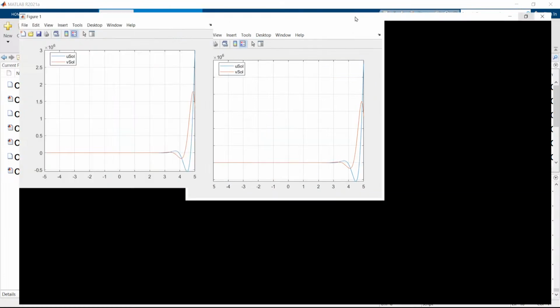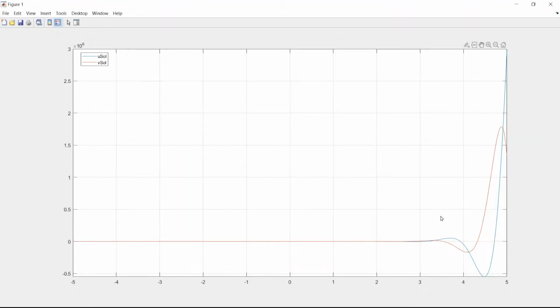So here you can see both the graphs are in the same image, and here you can see the grid and the legend. A blue line is used for the u solution, and the red curve represents the solution for v.